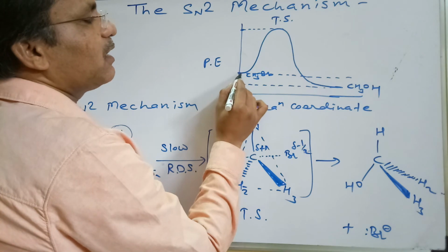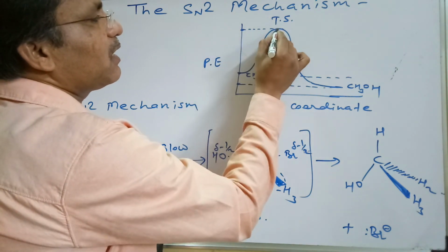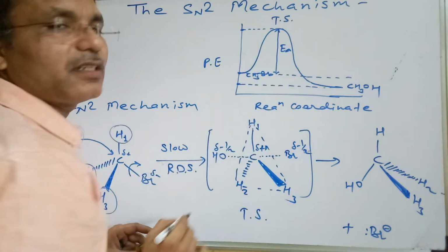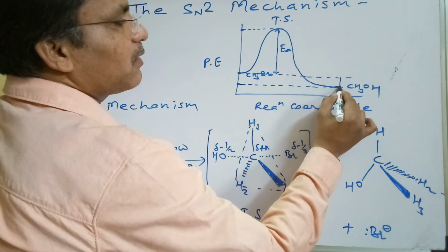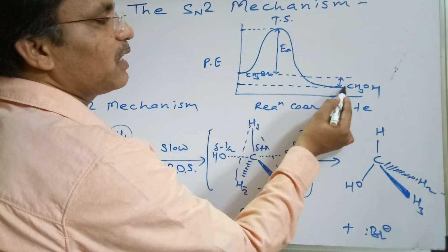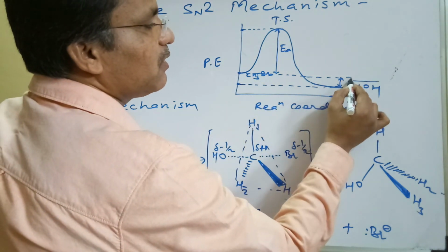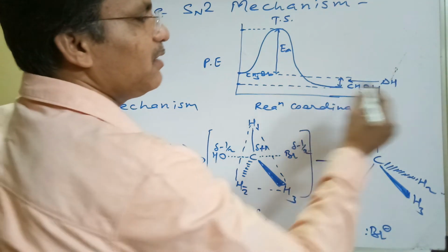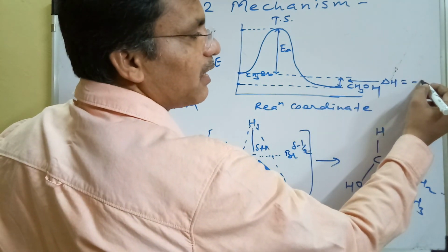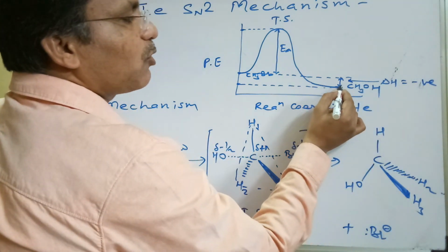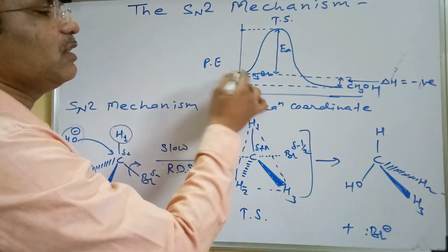The difference between the potential energy of the reactant and the potential energy of the transition state is called the activation energy. The difference between the potential energy of the reactant and that of the product is called delta H, the heat of the reaction. In this case the heat of the reaction is negative, meaning the potential energy of the product is less compared to the reactant.